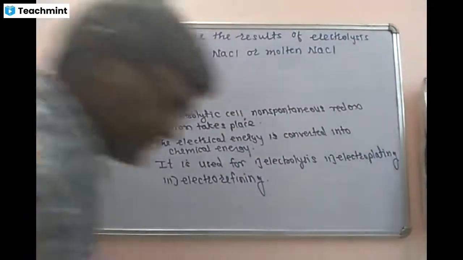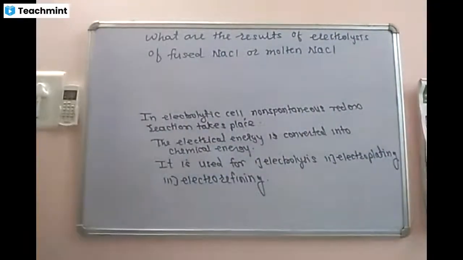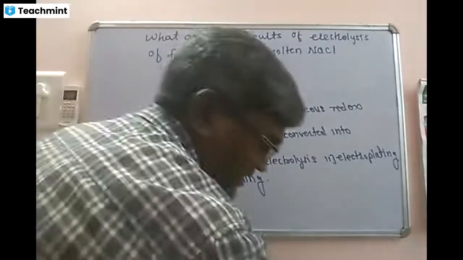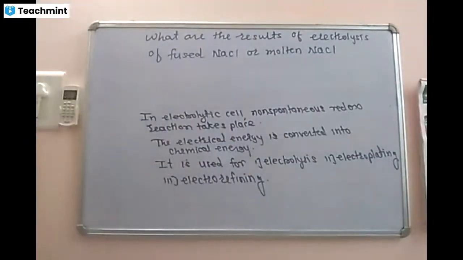So, in the electrolysis of fused NaCl, Na positive ions move towards cathode and get reduced to metal, and that metal gets deposited.